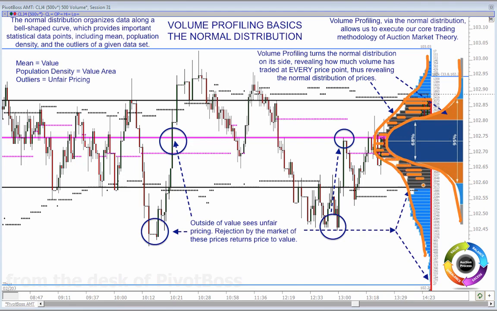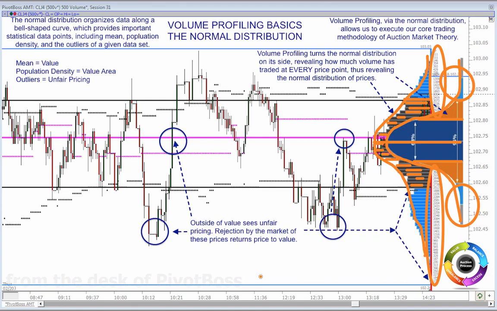Every single price point has a certain number of contracts or shares that traded at each price, and they are evenly distributed here according to the normal distribution and according to their value area, the mean, and the outliers. So that's what we're looking at here.